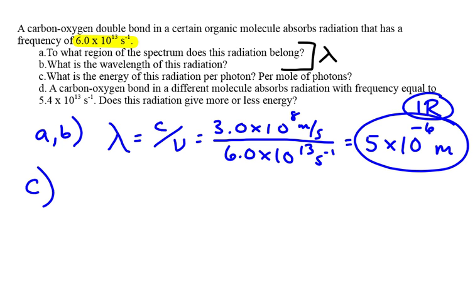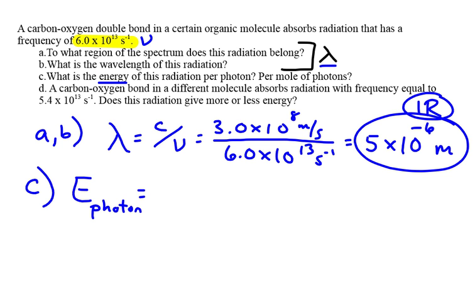What is the energy of this radiation per photon? What you need to understand, and I wrote this on a couple of the worksheets, but it just doesn't quite click sometimes. If it says, what is the energy of this radiation per photon, I already have some information. I either have frequency here, or I have wavelength there. Energy in all of our equations is per one photon.